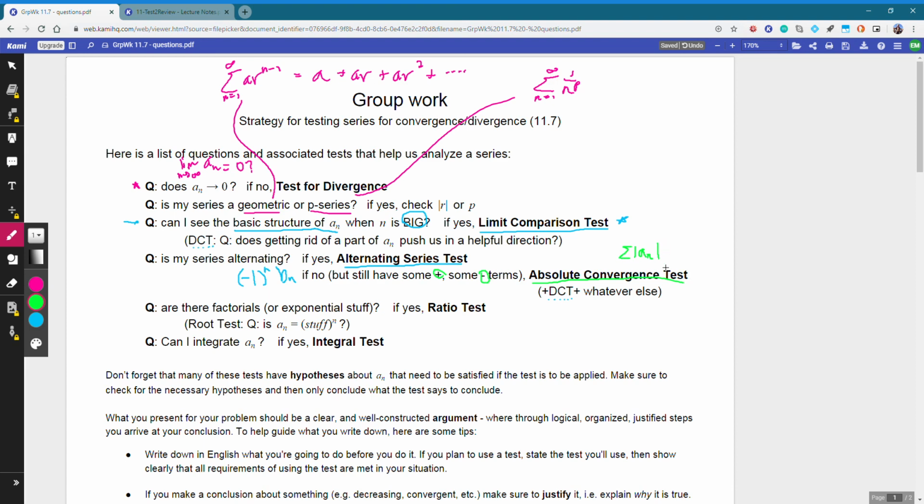If this converges, then we've done the harder thing, and our original series will converge as well. And oftentimes, once we've slapped the absolute value on this, we want to use the direct comparison test to find a bigger series. And then once we have that bigger series, we can just use whatever other test might be appropriate for thinking about what we're staring at then.